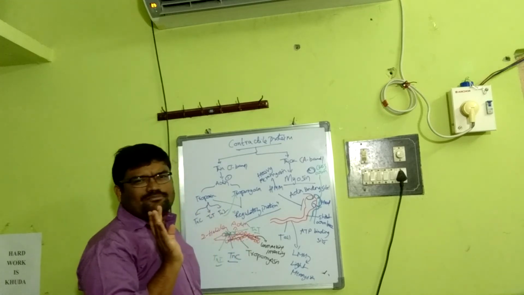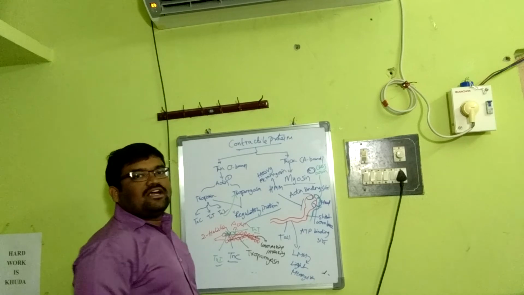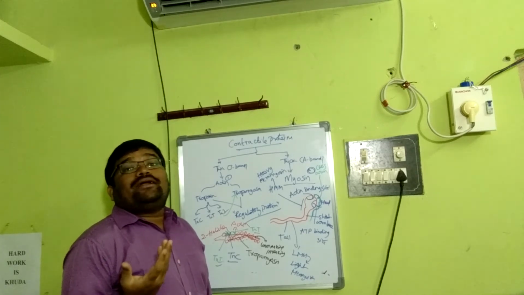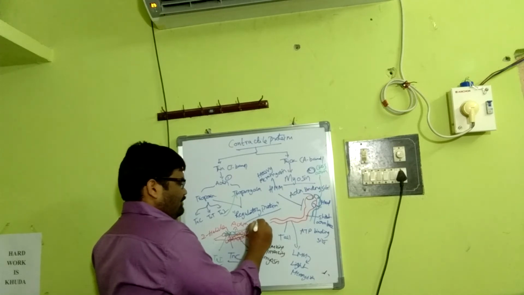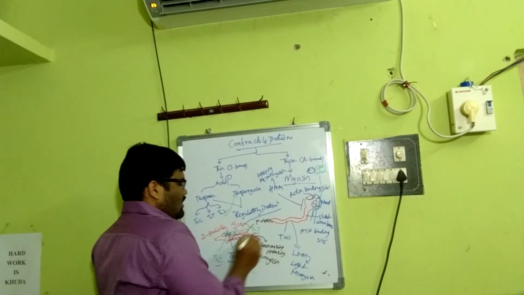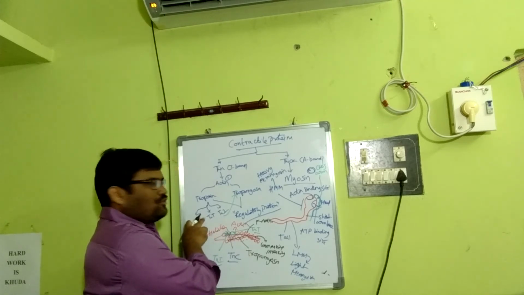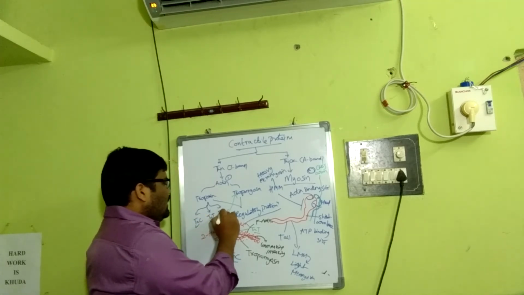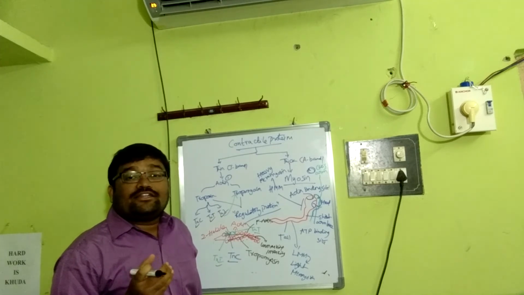Tropomyosin, shown here in black, is also a filamentous protein. It lies close to the actin, and the actin is called F actin, that means filamentous actin. Associating with tropomyosin are the three subcomponents of troponin: TNC, TNT, and TNI. TNC, troponin C, attaches to calcium.